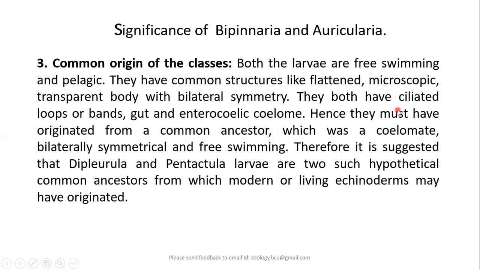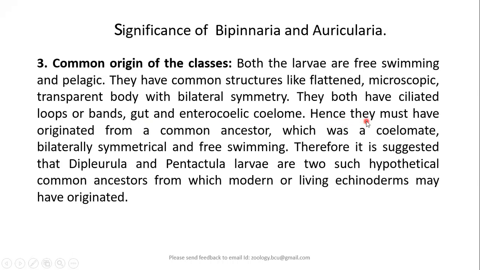These larvae have ciliated loops or bands. They have a similar digestive system, alimentary canal or gut, and the coelomic origin is also the same. That means these larvae have an enterocoelic coelom.